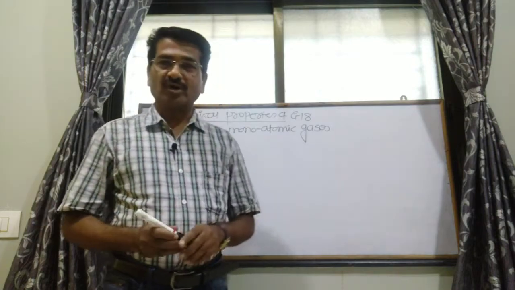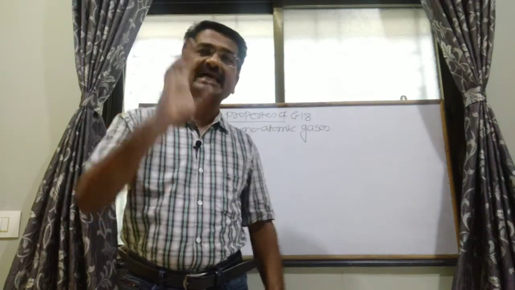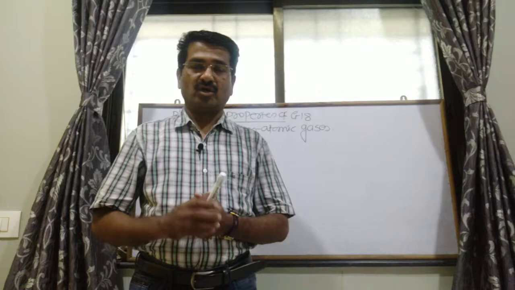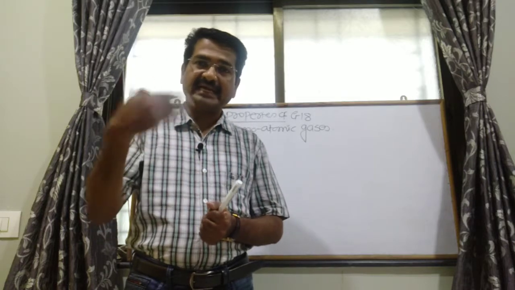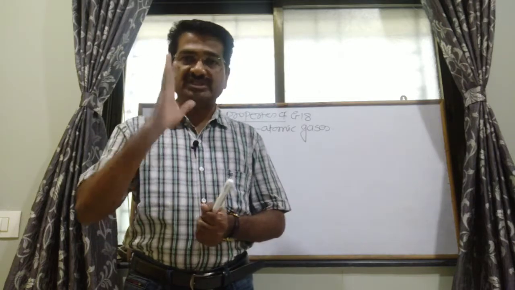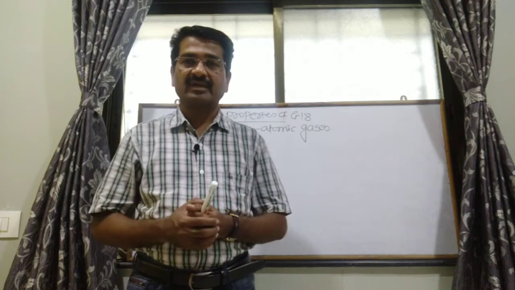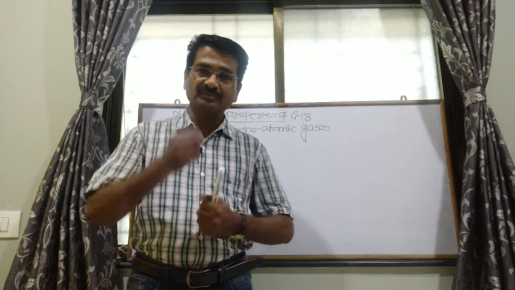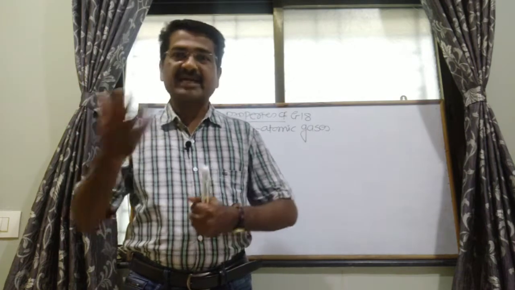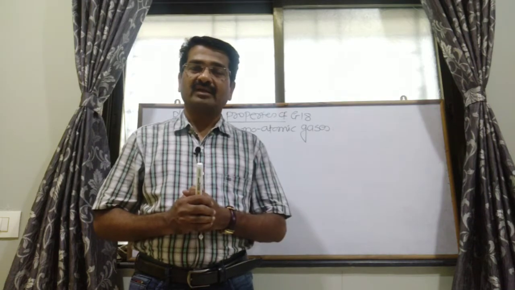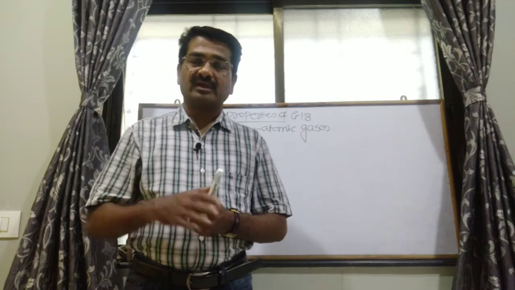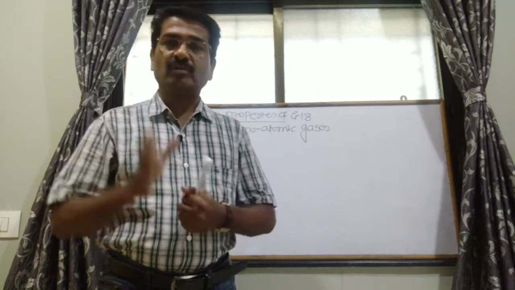Why is it called monoatomic? Because it is made up of a single atom, not made up of two or three atoms like oxygen. Oxygen is diatomic, having the molecular formula O2. Carbon dioxide is triatomic, CO2. NH3 is tetraatomic.